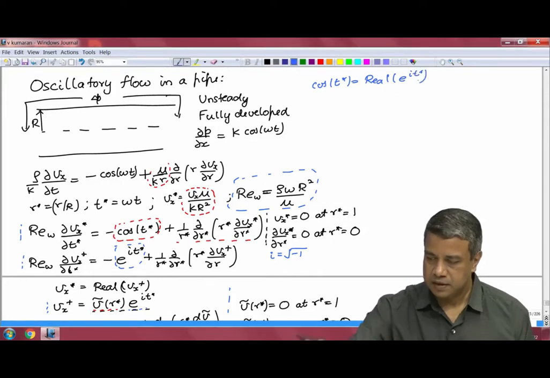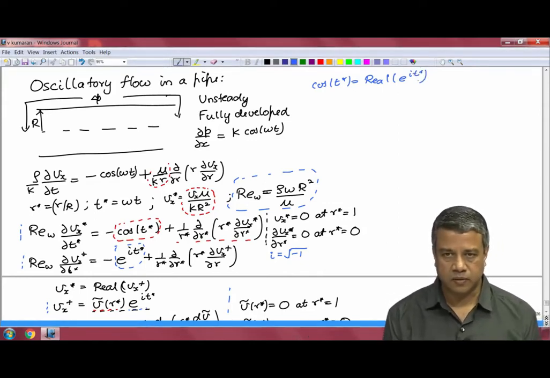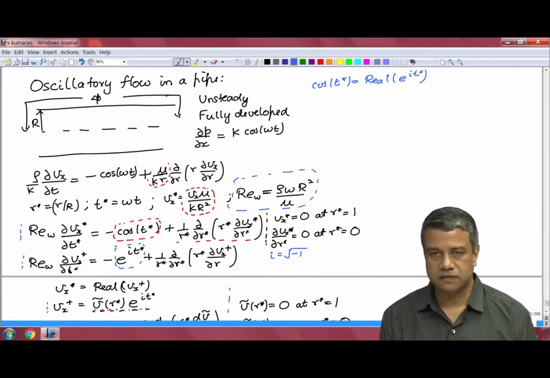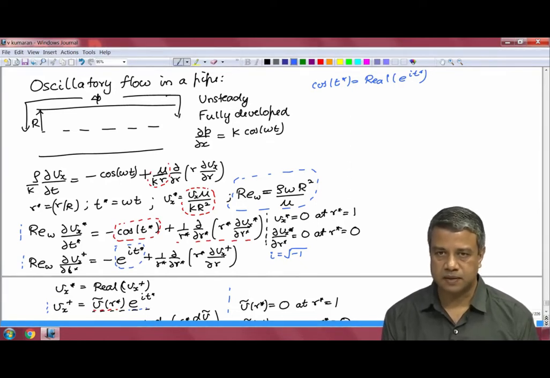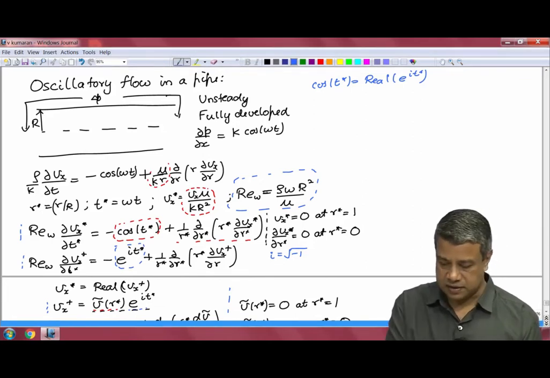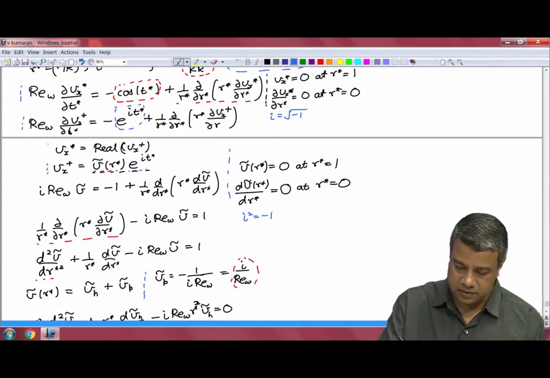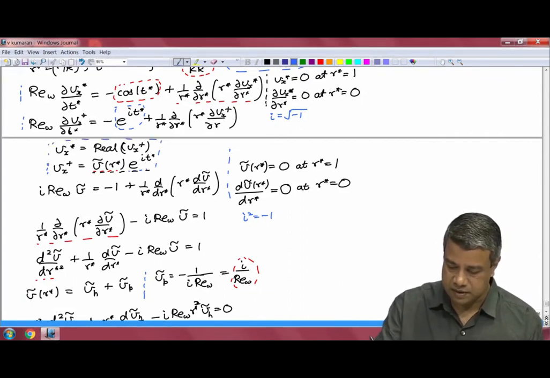Therefore, if I solve the momentum conservation equation with e power i t as the driving force, the solution for the velocity field will also be complex, because the driving force is complex. If you take the real part of the complex solution with the driving force as e power i t, you get the solution with the driving force as cos t. So, that was the rationale that we had used for replacing the driving force by e power i t.